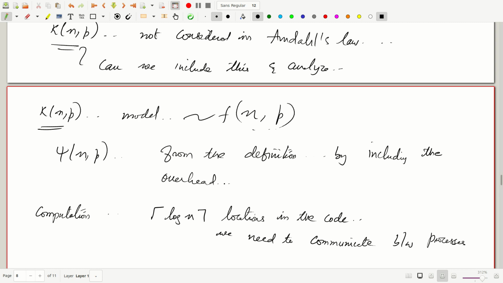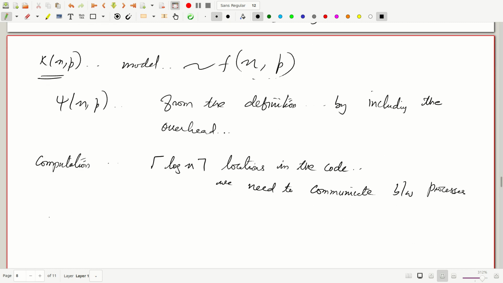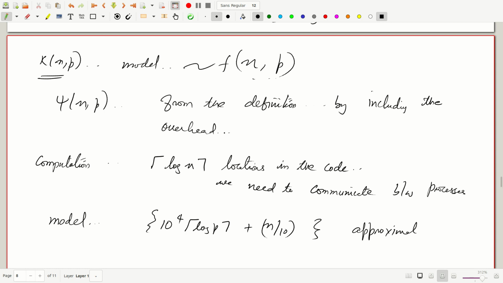Now each communication of course takes some time, and let us introduce a model for the communication cost. Let us say each communication takes about 10 to the 4 times ceiling of log p, plus n upon 10. This is the approximate model for each communication cost. That means it is a function of the problem size as well as the number of processes you have.